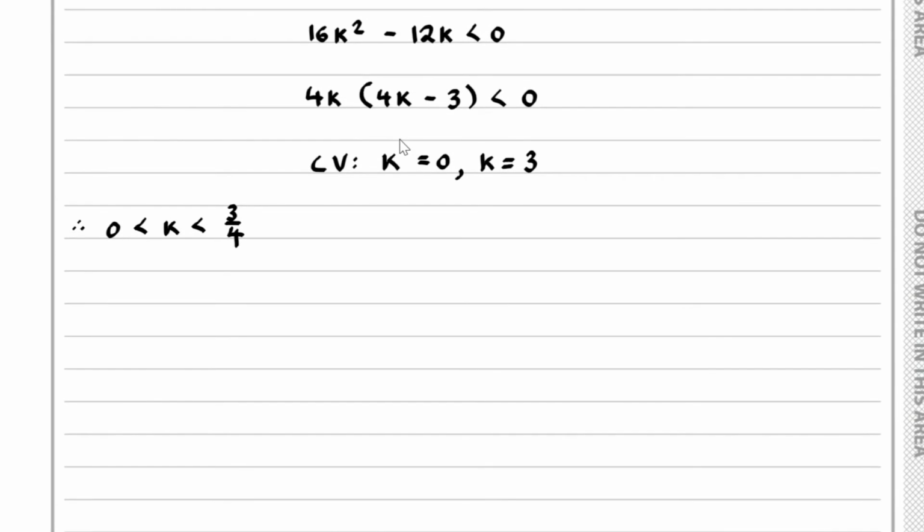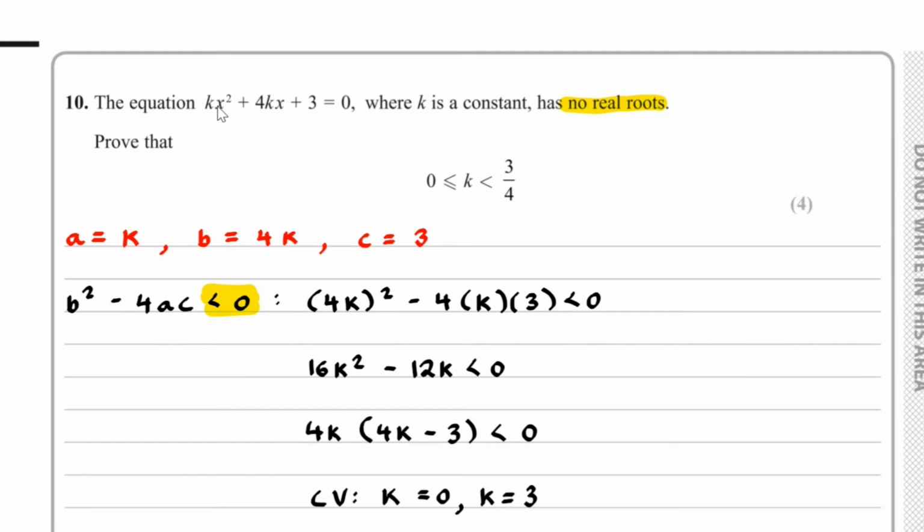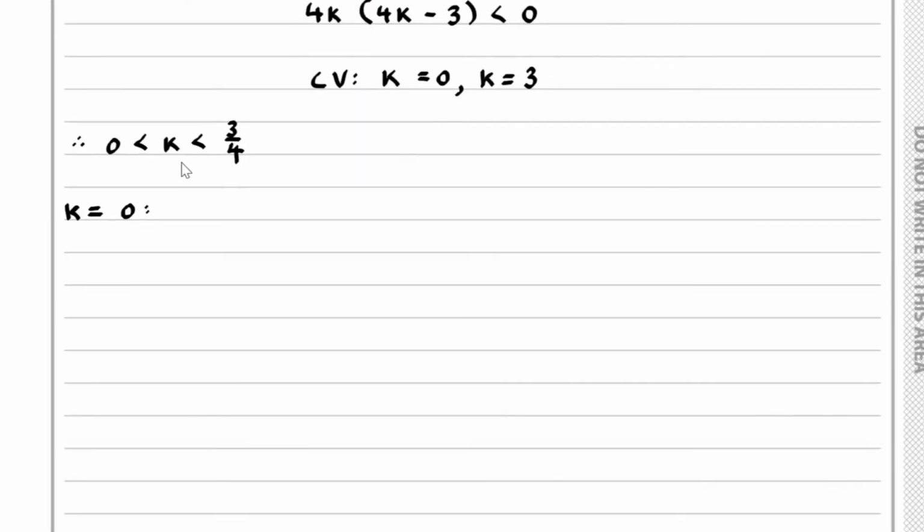Now what happens when k is equal to 0? Well, when k equals 0, substituting this back into the original equation, we've got 0 x squared plus 4 lots of 0 times x plus 3 equals 0.